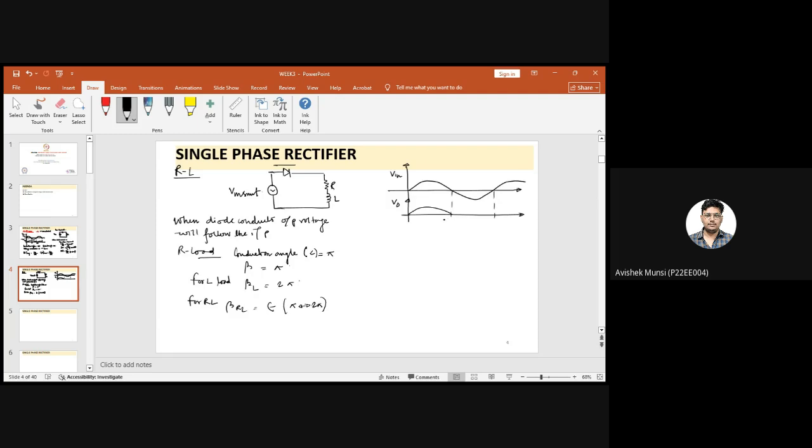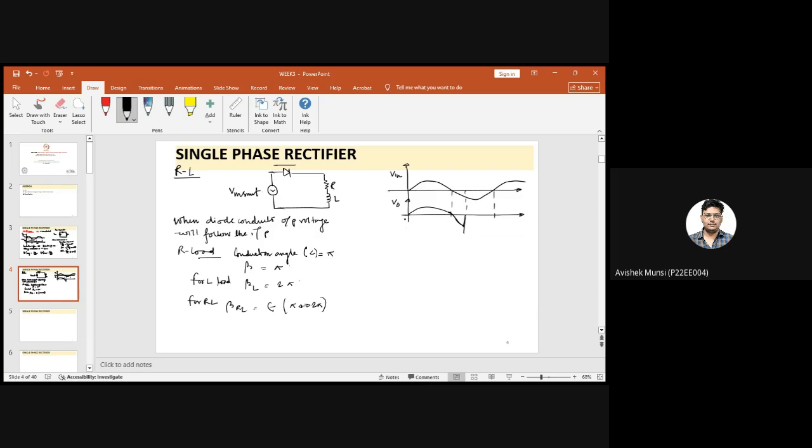The inductor will store some energy, and after the positive half cycle, it will try to discharge it. So it will store some energy in the negative half cycle also. So the output waveform will look like this. Okay, fine.